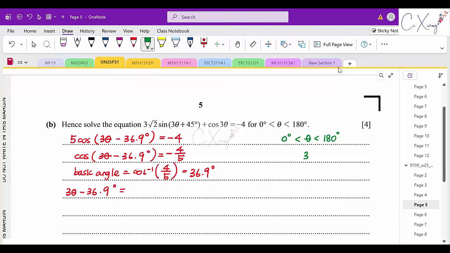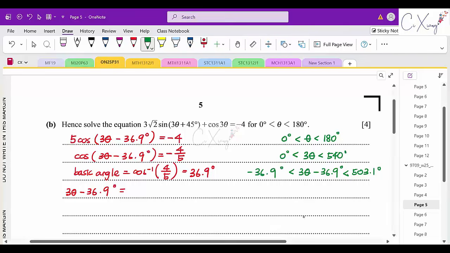If I multiply by 3, this will become 540 degrees, and this will still be 0. Because we are looking for 3 theta minus 36.9, we need to continue minus 36.9 degrees. So 540 minus 36.9, you have 503.1. Then for this one, you'll have negative 36.9 degrees. Okay, this is the range that we need to consider for your answer of 3 theta minus 36.9.